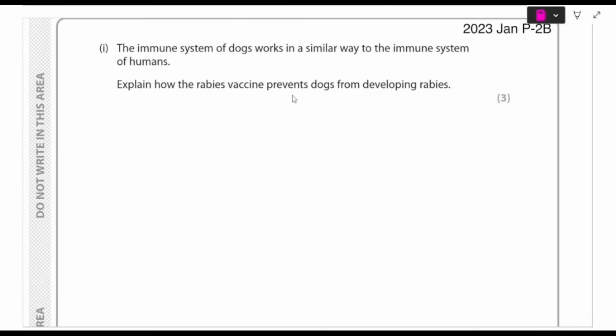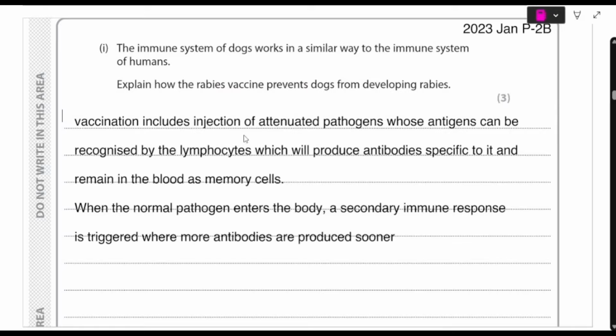In reality, the pathogen that we have injected does not cause the disease, but it has the antigen, and our lymphocytes make the antibodies, which remain as memory cells. So when the actual rabies pathogen enters the body, they can produce the antibodies much faster and in more quantity.